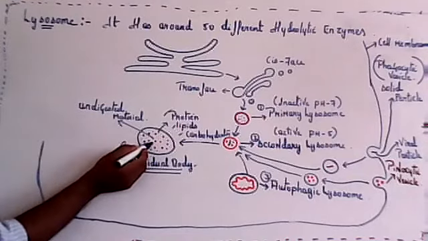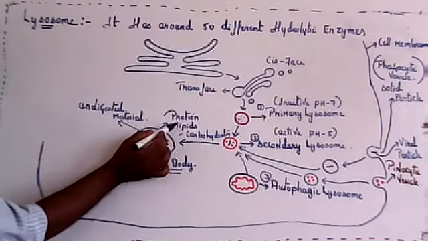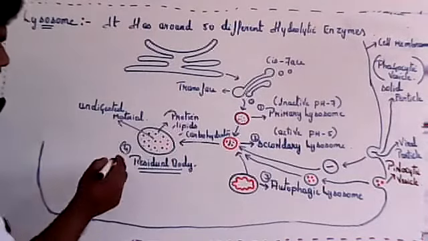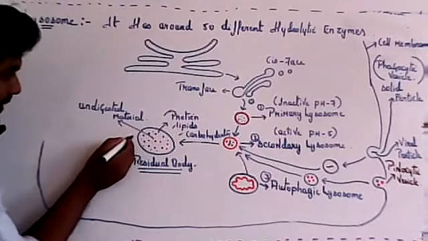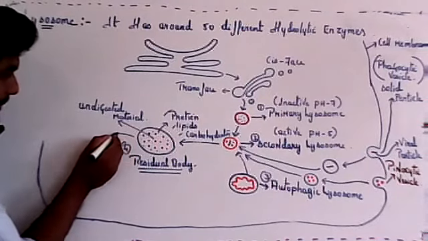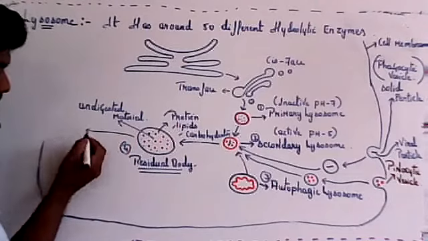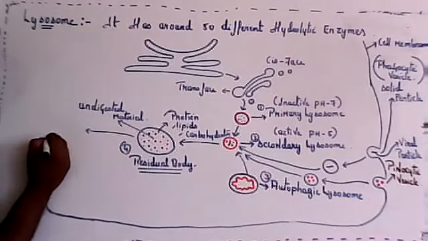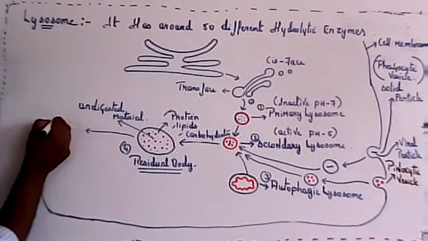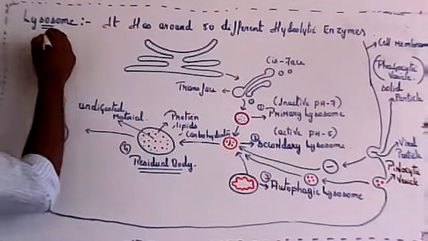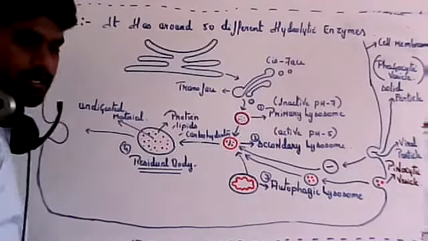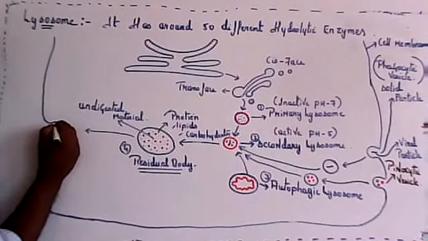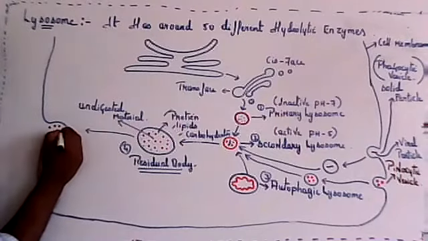Undigested material will be present inside and digested material will be absorbed outside. This undigested material needs to be thrown out of the cell. So again this residual body will migrate and form a vesicle. Vesicles will be formed on the plasma membrane, and inside, as we know, there is undigested material. So undigested material will be present inside this vesicle.